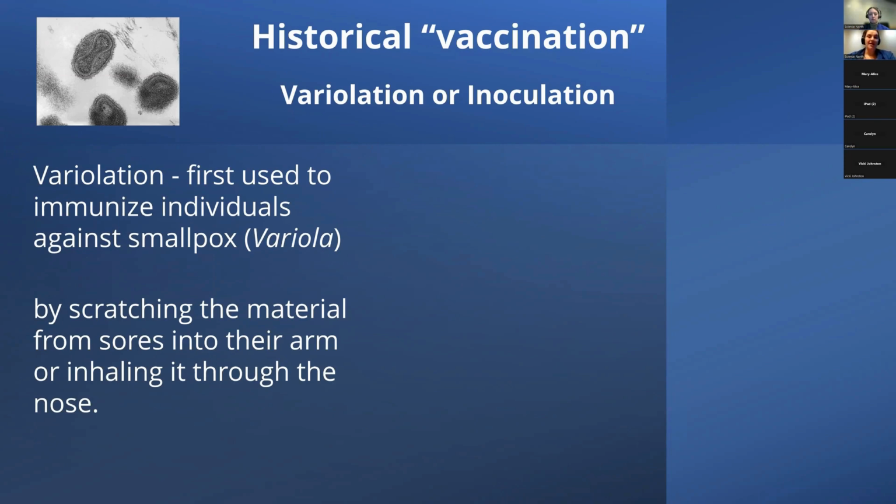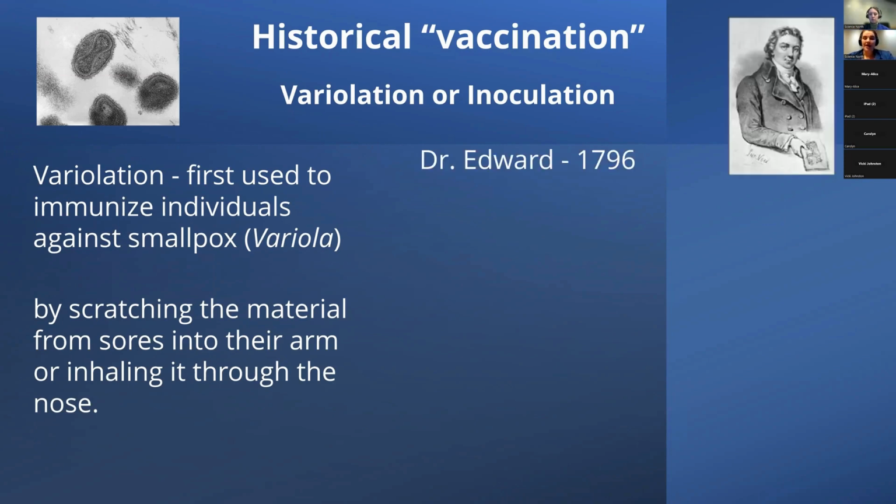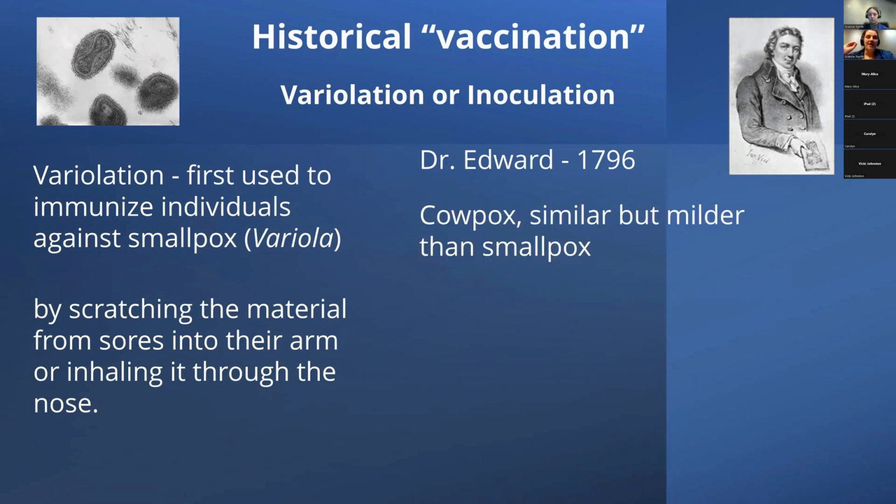Now, I'd love to talk to you a little bit about this person. Their name is Dr. Edward Jenner, and in 1796, they came up with this really cool idea. He noticed in milkmaids who worked with cows that cowpox produced similar but milder symptoms than smallpox.